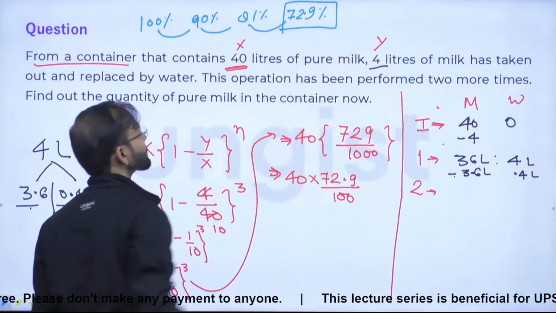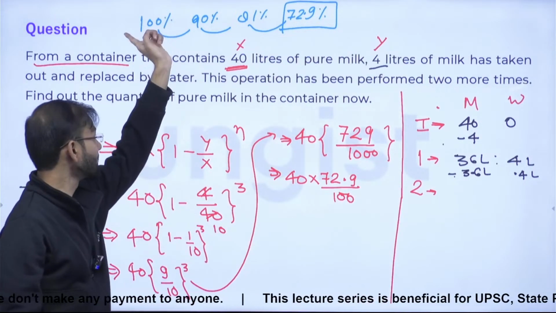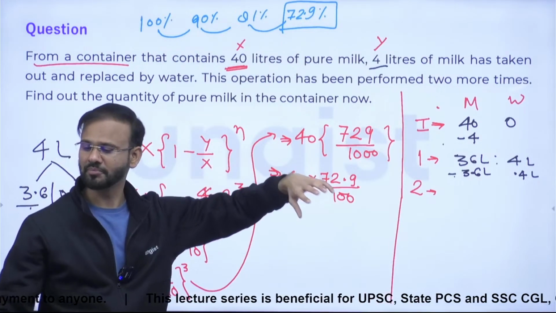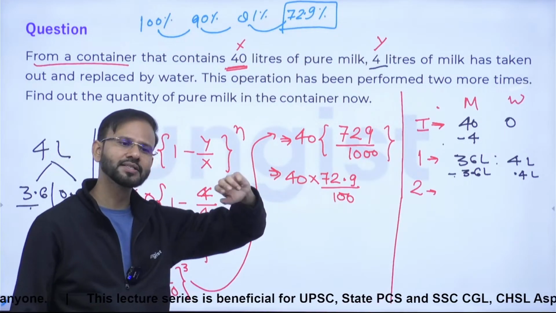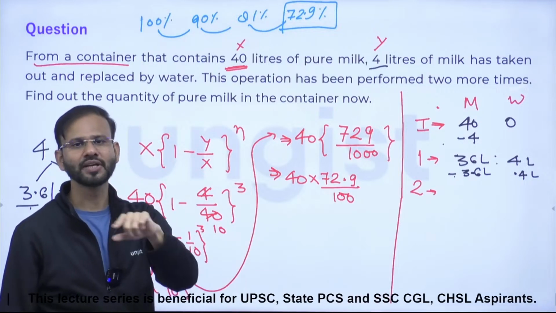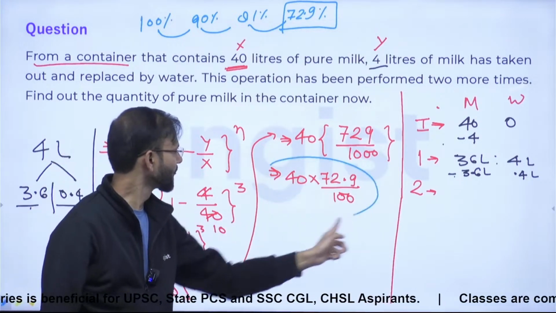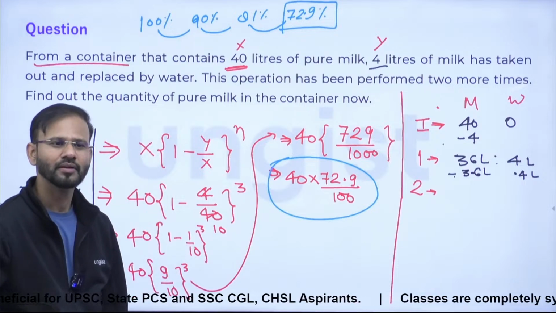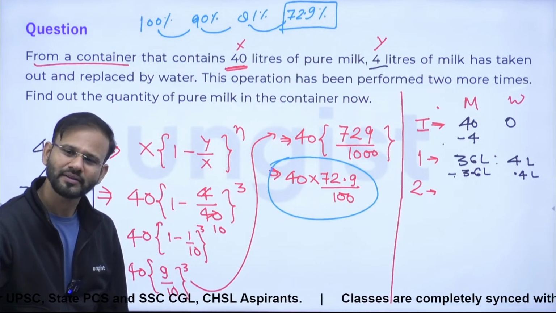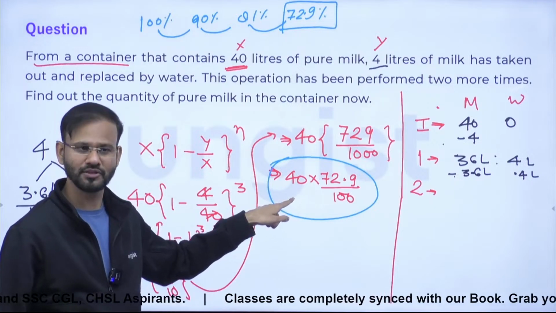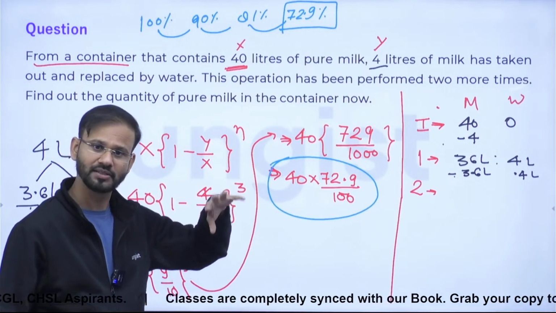So if initial milk was 100%, then after 3 reductions of 10%, 10%, 10%, it has now become 72.9% of the actual quantity. Right? This is 72.9% of 40. Yes or no? Everybody, it is clear?